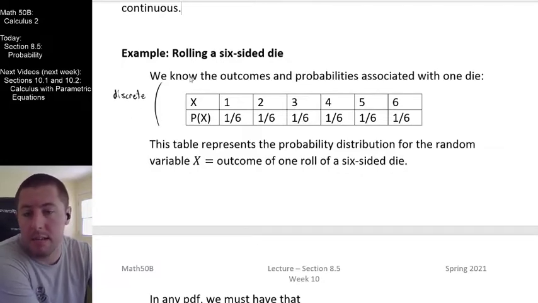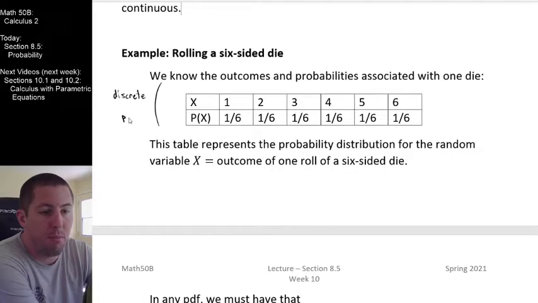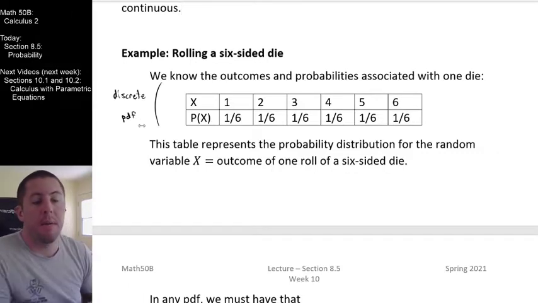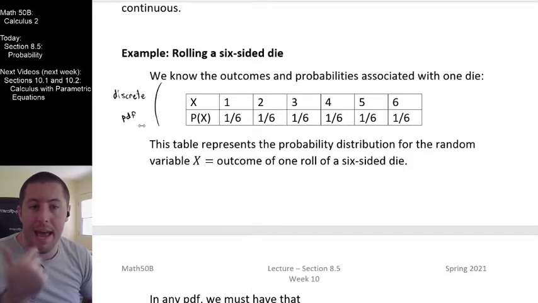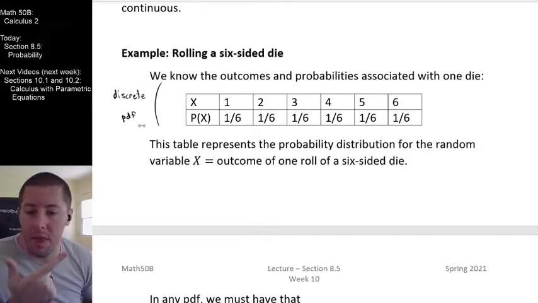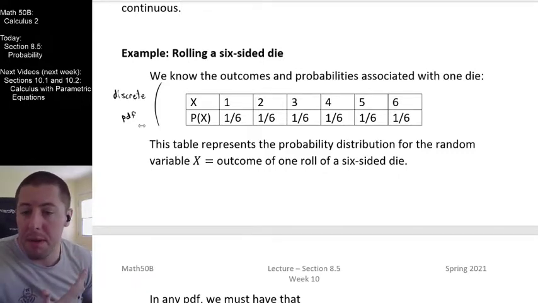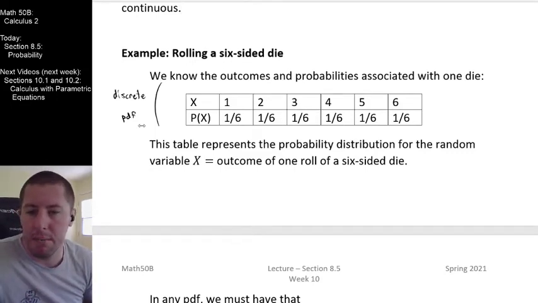And collectively, what this table makes up is a discrete probability distribution function, because a probability distribution function needs to list all possible outcomes and all associated probabilities with those outcomes. For discrete variables, it's typically the case that we state their probability distribution function, their PDF, as a table, because we can list all outcomes and their associated probabilities.